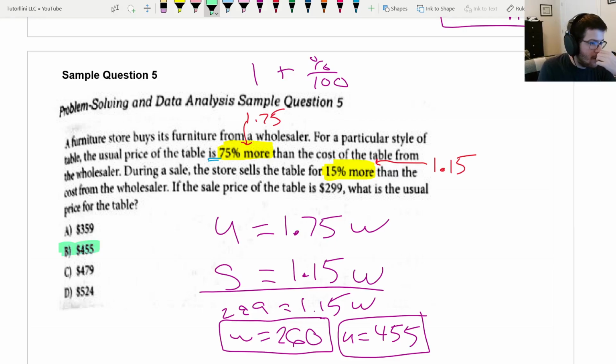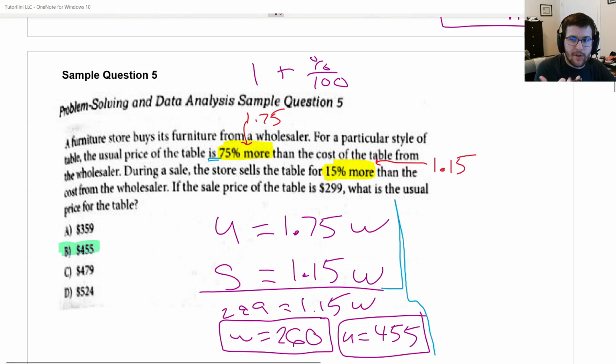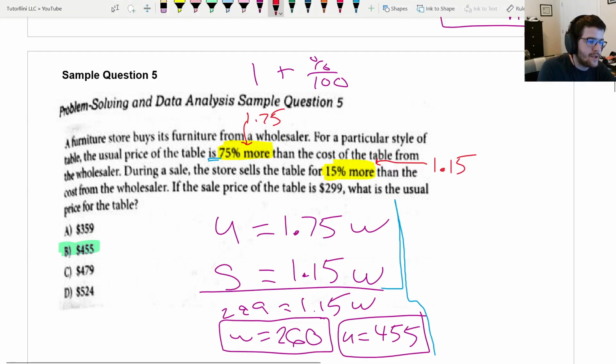Now, something I want you guys to be aware of, because a harder question, and I've already seen this on the DSAT, is when there's a mutually shared variable, often what we do is get that letter by itself and then relate the other two letters to figure out the percent between them. So let's do that really quick just for fun. I'm going to get W by itself for both of them because that's the common letter.